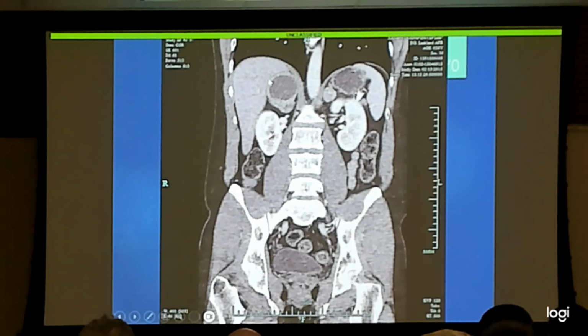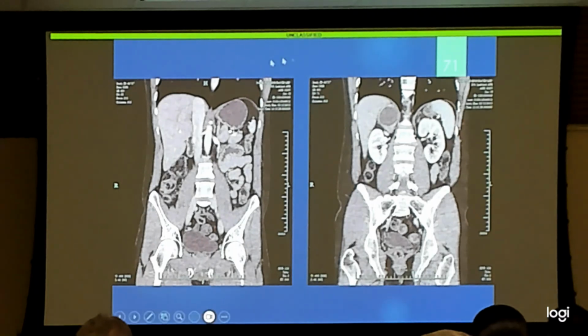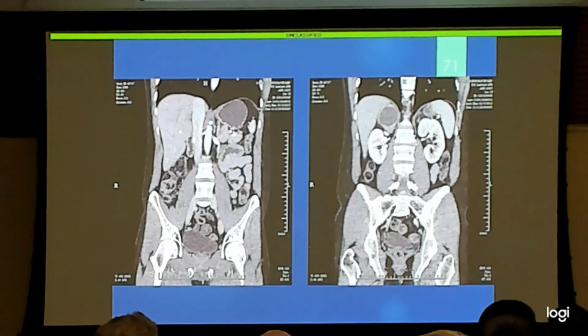Okay, good job. Yeah, so this bad boy and this bad boy. That's greater than 7 centimeters. This bad boy. And this bad boy. Those are the best slices. I have all of his CTs, but those are the best pictures I got because I'm cool like that.